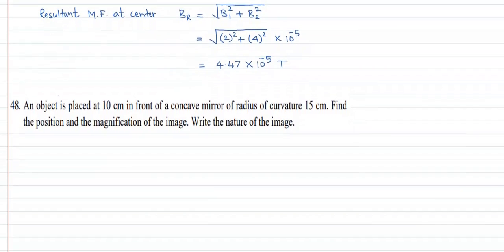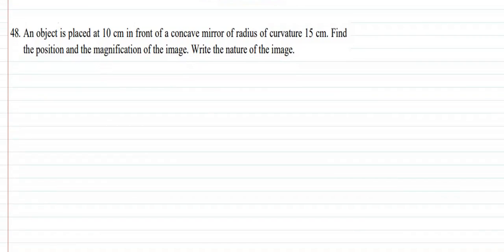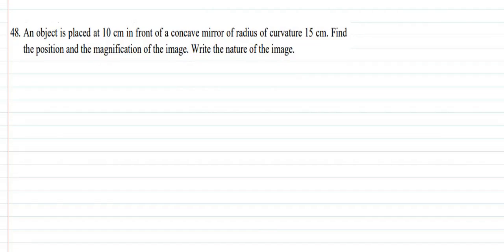Next one: an object is placed at 10 centimeters in front of a concave mirror of radius given. Roughly, for a concave mirror, this is the pole, and you have the focus and center of curvature to the left of the pole.